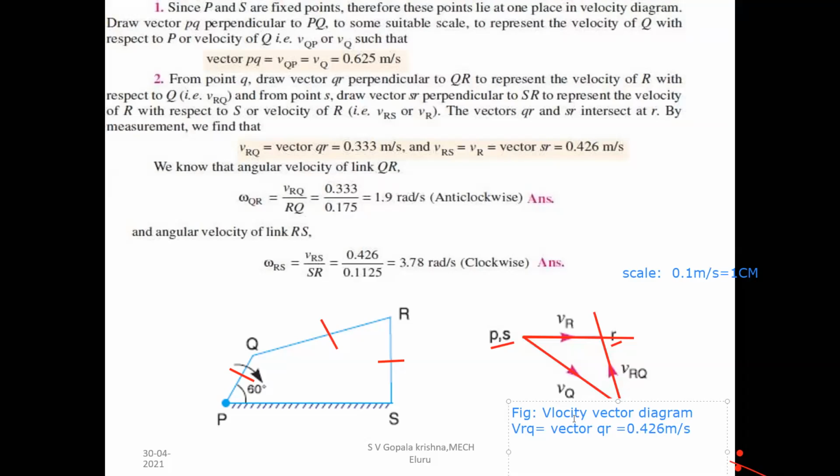That means our vector QR is nearly 4.26 centimeters in length.